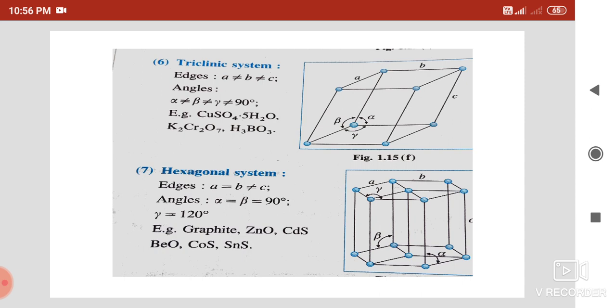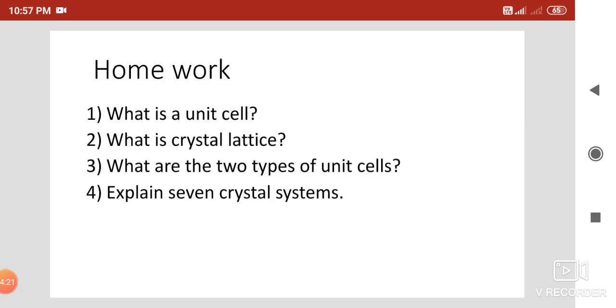So you can see the video again and write the homework which is given in the video. The homework is displayed on the screen. You have to define what is a unit cell, what is a crystal lattice, what are the types of unit cells that we have seen, primitive and non-primitive, and explain these seven crystal systems.